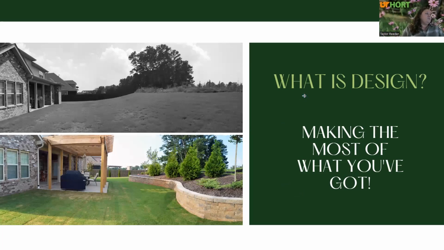What design can do is make the most of what you've got. So in this top picture, you'll see their issue was they had a slope and they didn't really know what they wanted to do with it. They knew that they couldn't necessarily level it out. That wasn't an option. So what were they going to do with it to make it more aesthetically pleasing, to make it look good, to make it functional, because they wanted an outdoor entertaining area.